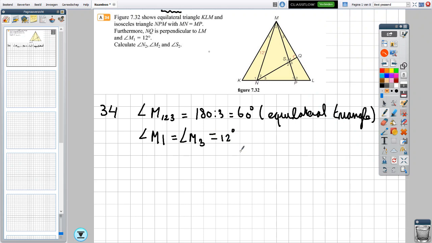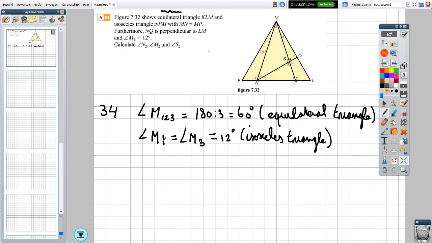Can I say why this is true? Well, I think it has to be because of the isosceles triangle. I think some people might not see this step. This isosceles triangle is going to be exactly in the middle of this equilateral triangle, which means that this angle must be equally large to that one.